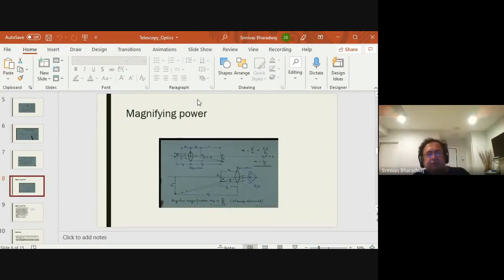Okay, but remember, now we have gone many different steps. We started with the wave nature of light and Young's double slit experiment. Then we went on to diffraction, and we then looked at the varying refractive indices of different types of light. Then we looked at refraction. Then we looked at Snell's law, and then after Snell's law, we started looking at optics.